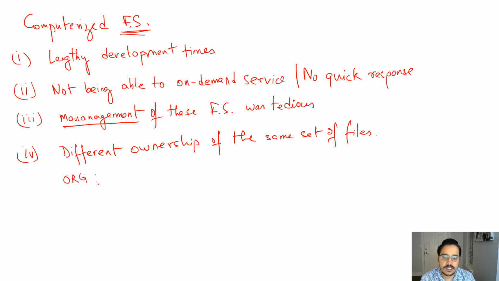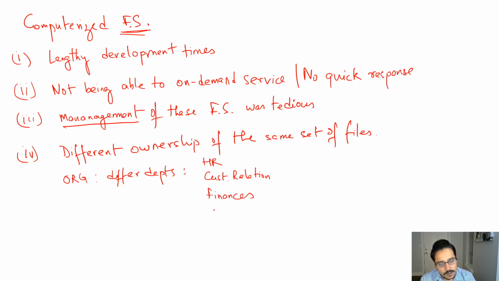In the organization, you will have different departments. There could be a department with respect to HR, human resources. There could be a department with respect to customer relations, right? And there could be a department with respect to finances. And there could be an R&D department, right?